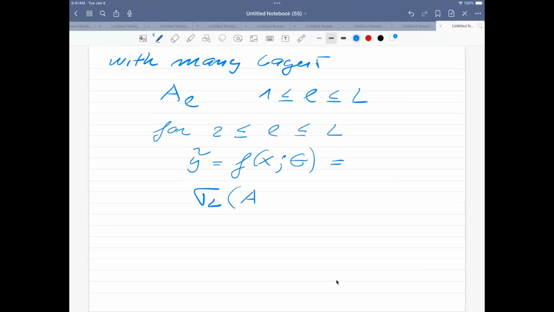This is a function of A of L, and this is a function of sigma of L minus 1. And then this continues all the way to the first hidden layer, where we have A1 as a function of X.